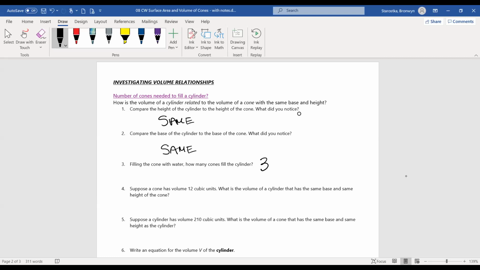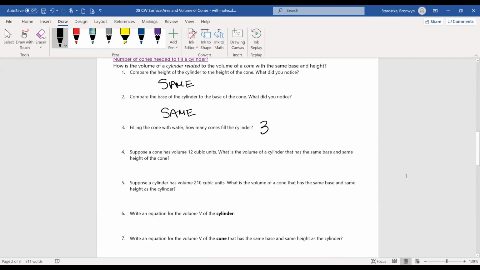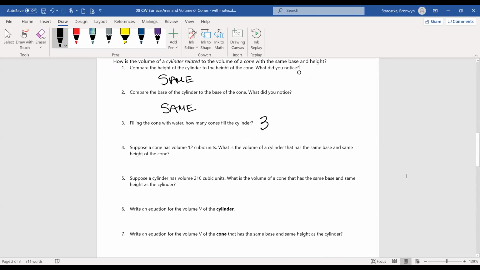So suppose a cone has a volume of 12 cubic units. What would be the volume of the cylinder that has the same base and the same height as the cone? Well, the volume of the cylinder equals 3 volumes of cones. So the volume of the cylinder equals 3 times 12, which equals 36 units cubed.